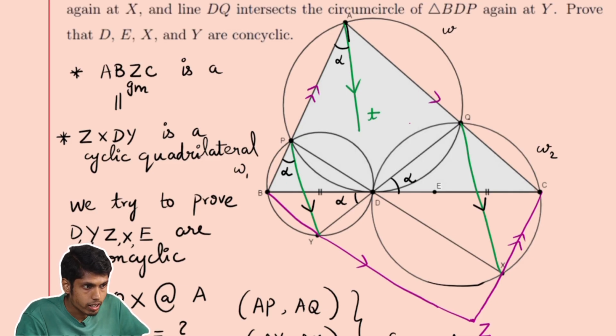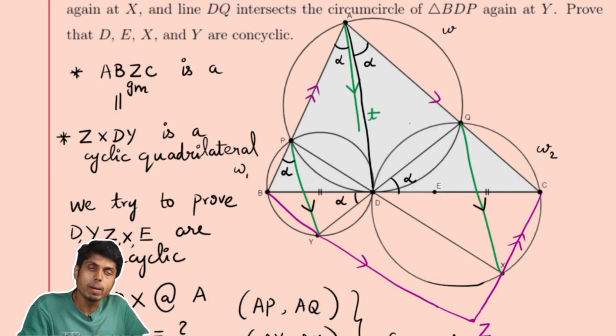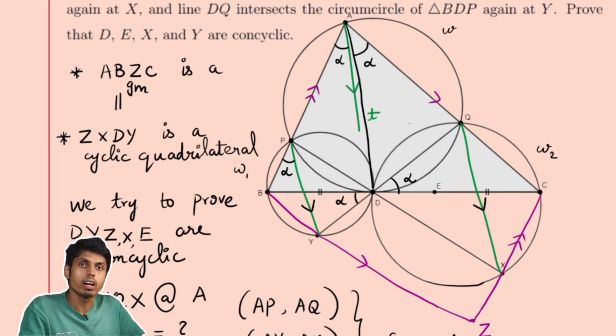Hence, if you join A to the point D, the chord DQ shall also subtend alpha by the tangent chord theorem, because BC is tangent to the circle omega and DQ subtends alpha angle with that tangent, therefore it will subtend angle alpha at the circumference. So they are equal.